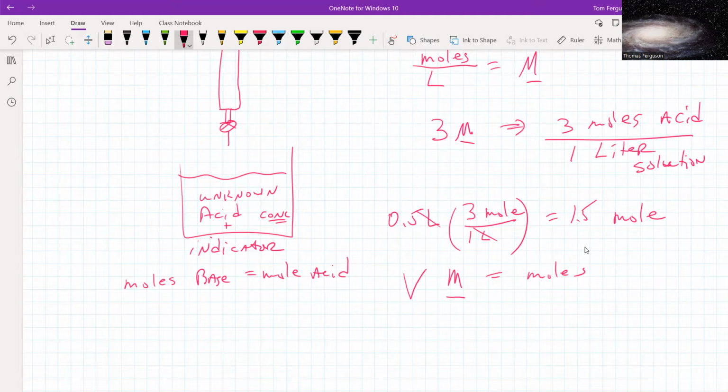And we're going to do that via the indicator. It's going to tell us that. So now we need to know the concentration of our unknown acid. On Monday, I'm going to be giving you vinegar. I'm going to ask, what's the concentration of that vinegar? So you need to know a couple things. You need to know the concentration of the base up here.